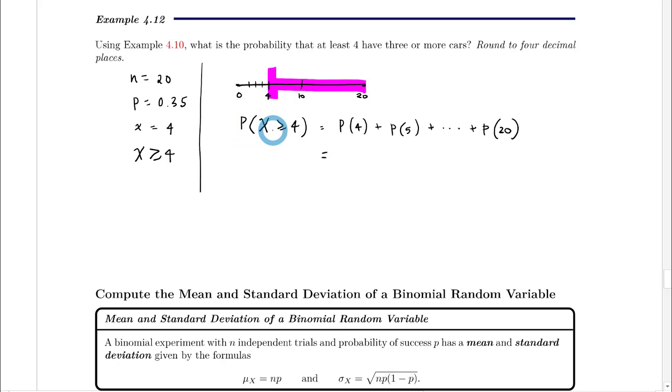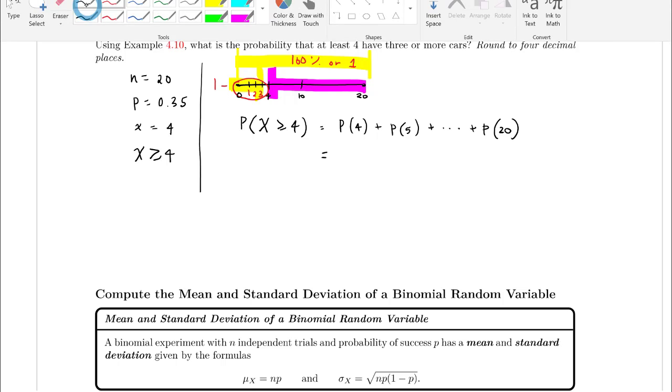The probability that x is greater than or equal to 4 is the same thing as, well, how about this: the whole probability of 100% minus this little shaded area to the left of 4? So remember, the entire probability is 100%, or in other words, the number 1. But couldn't I just find the probability of this shaded area, 3, 2, 1, 0, and subtract it from 1? And that would give me the leftover, all the things in pink. So let's do that.